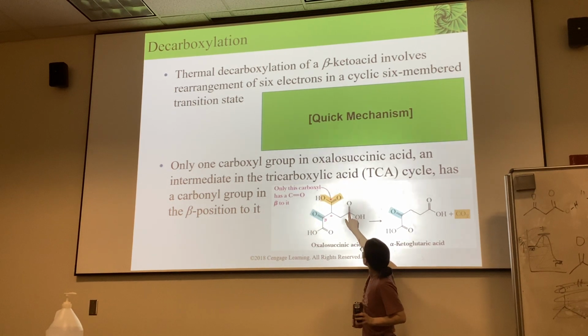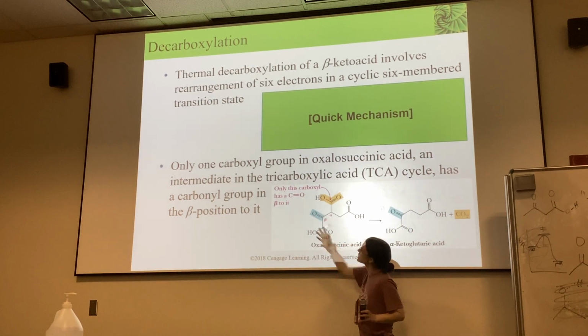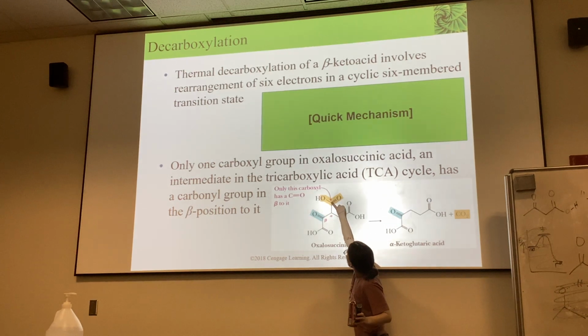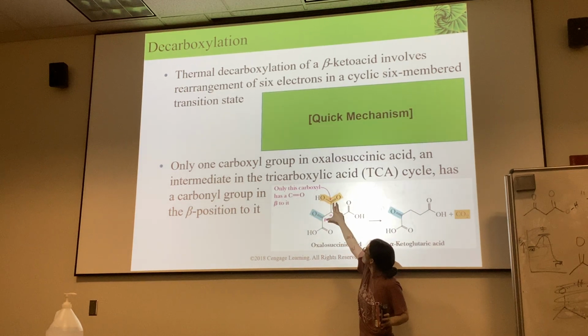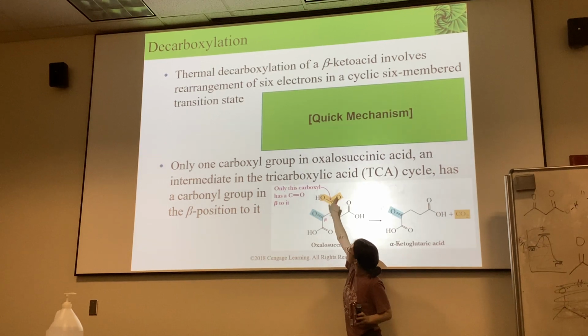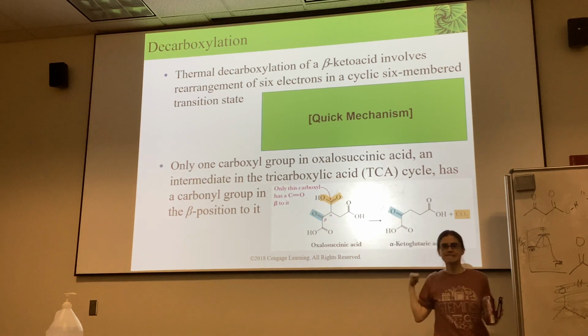This guy has alpha, beta, gamma, or alpha, beta, gamma. Well, neither of those are gonna do anything. That's not useful to us. But this guy, alpha, beta, it's got a carbonyl 2 carbons away, so this is the only carboxyl group that is gonna decarboxylate.